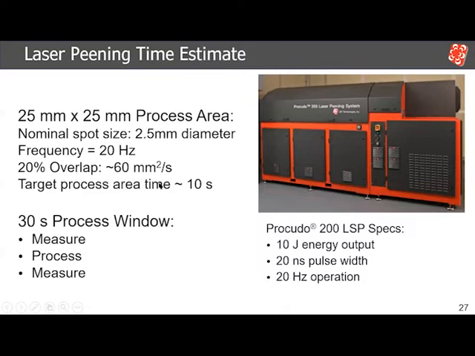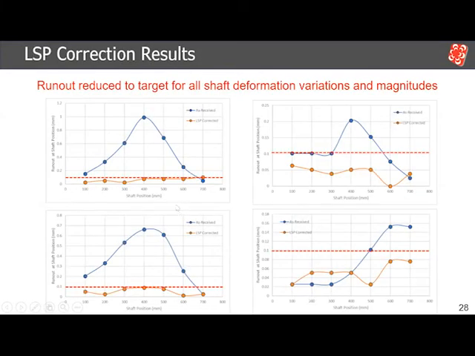So if we consider a 30-second process window for a part, we can measure, process, and measure again to verify the process effectiveness, all within that 30 seconds. This is the type of speed that is needed in production applications, and that's the direction that we're going with our laser peening systems.